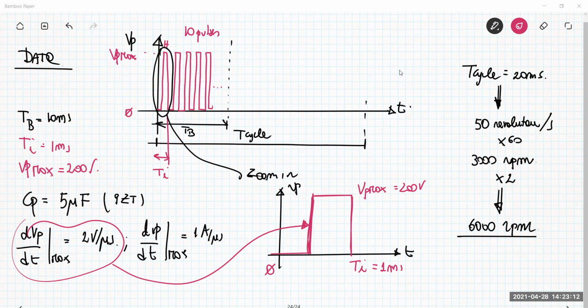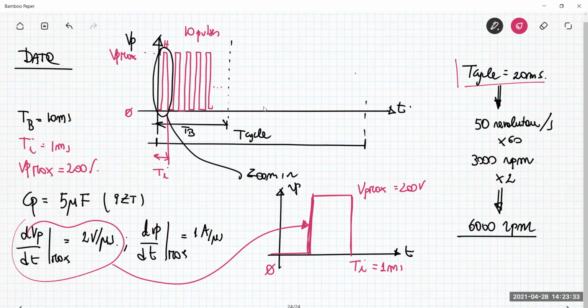Emanuele says, I got lost in finding the 6,000 RPM on the right. Simply because I convert the period into revolutions per minute. 20 milliseconds is 50 revolutions per second, and so 3,000 revolutions per minute.